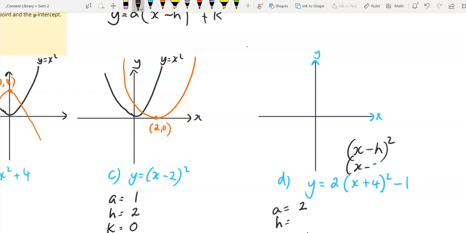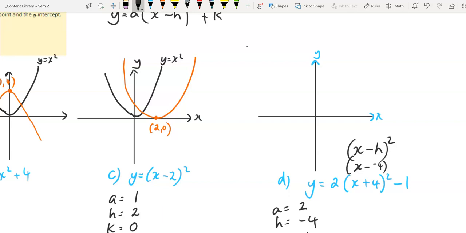Negative 4. So my h has to be a negative number. So h is -4. Because I need the 2, in order to be x plus, my general form has a minus sign, so I need them to cancel out.